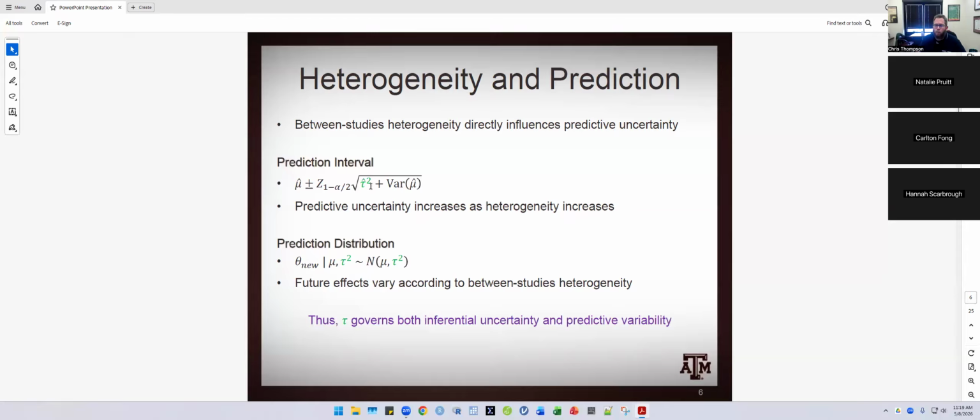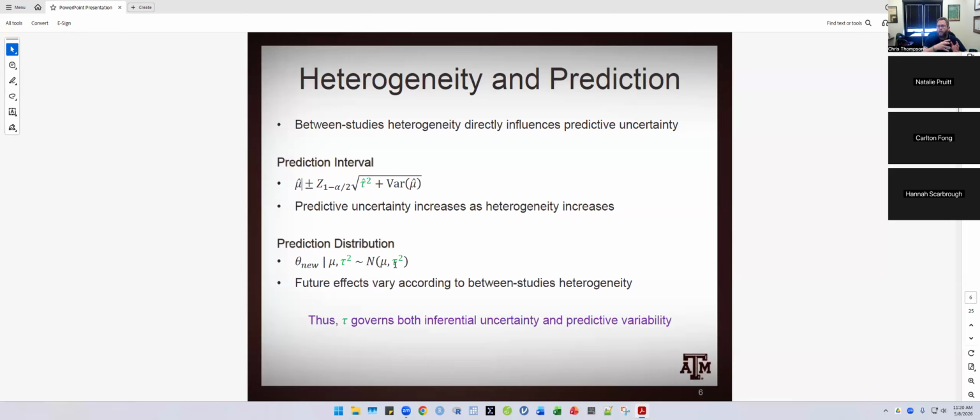It plays a role in finding the width, or the spread of the interval. Or also, if we wanted to predict new true effects from our model, our normal mu, tau squared, this tau squared estimate is going to impact what values we can produce that might occur in the future.